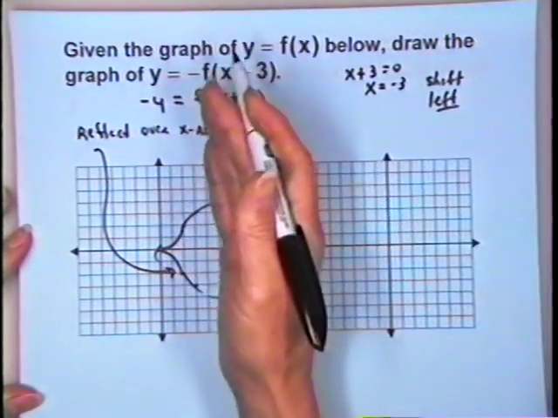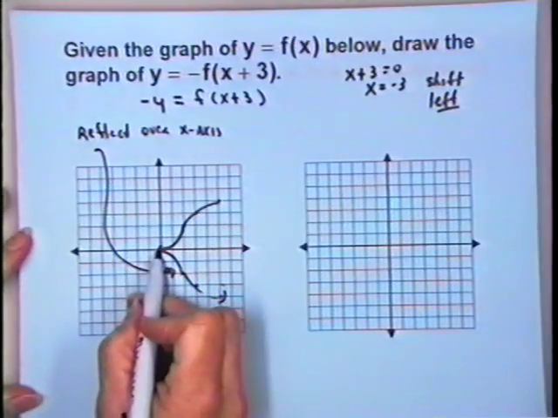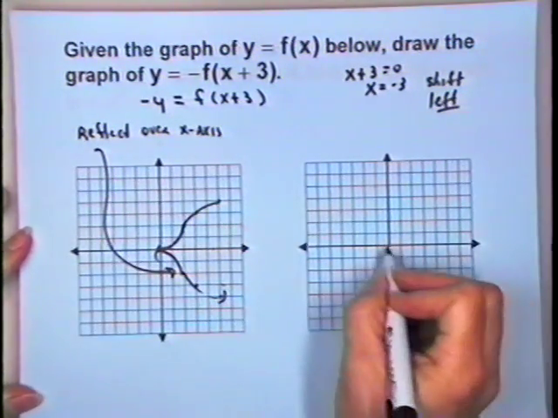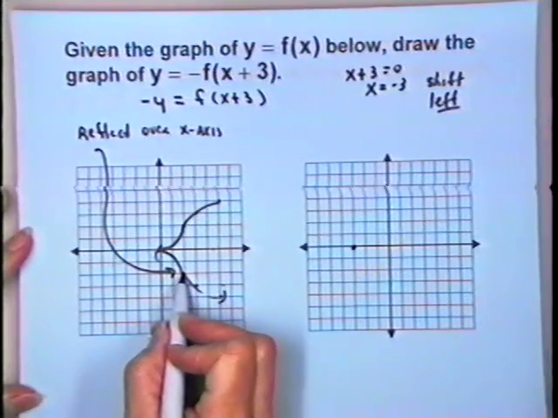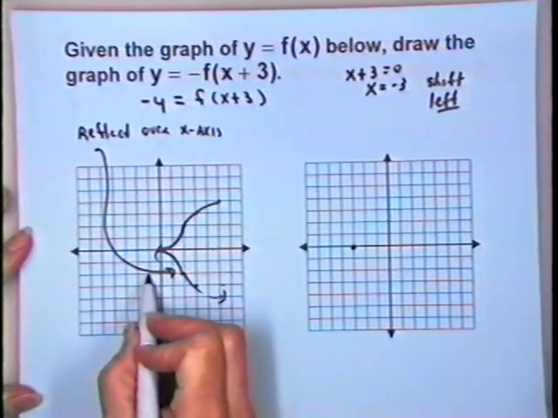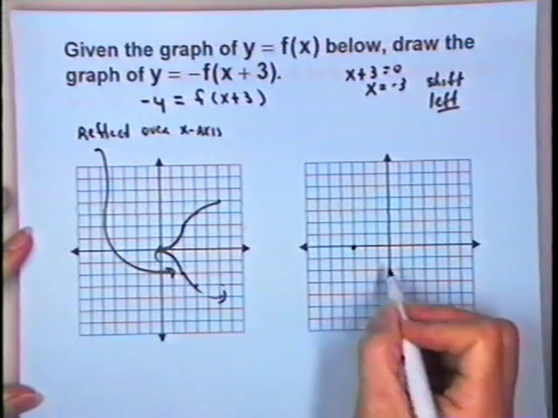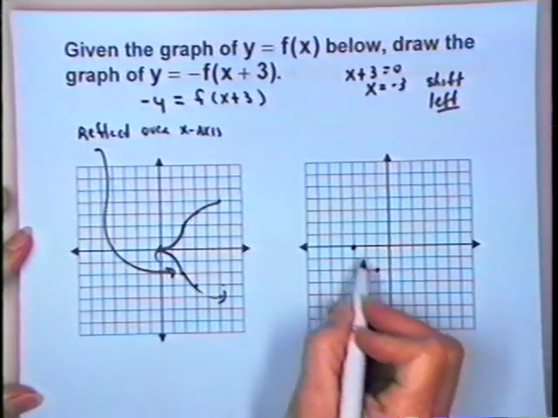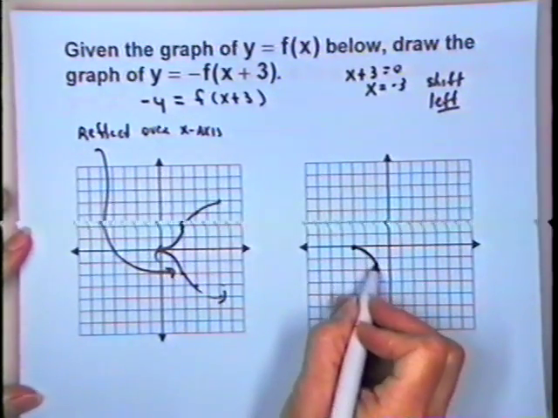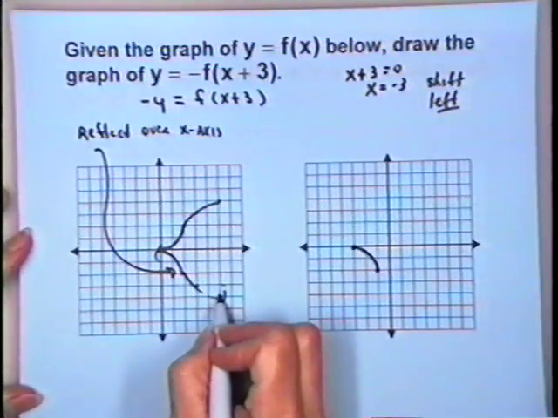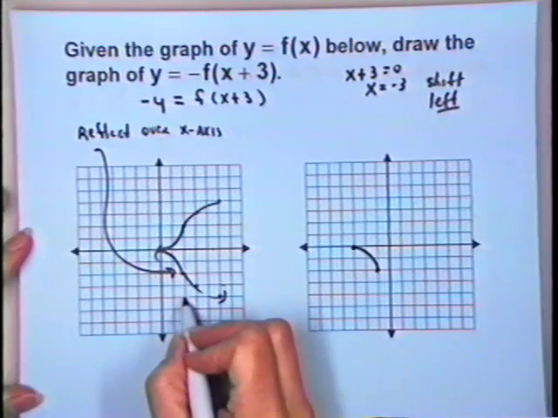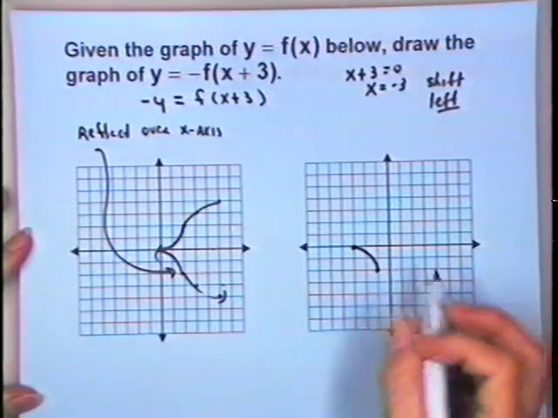Shift it left. So I'm going to take this point 3 units to the left. I'm going to be at 0, negative 3. I'm going to take this point right here and move it 3 units to the left. So that's going to be at -1, -2. Okay? Now let's go ahead and connect between those two. Right there. Okay? This point right here, I'm going to shift to the left 1, 2, 3 units. So I'm going to be at x equals 2, y equals -4.